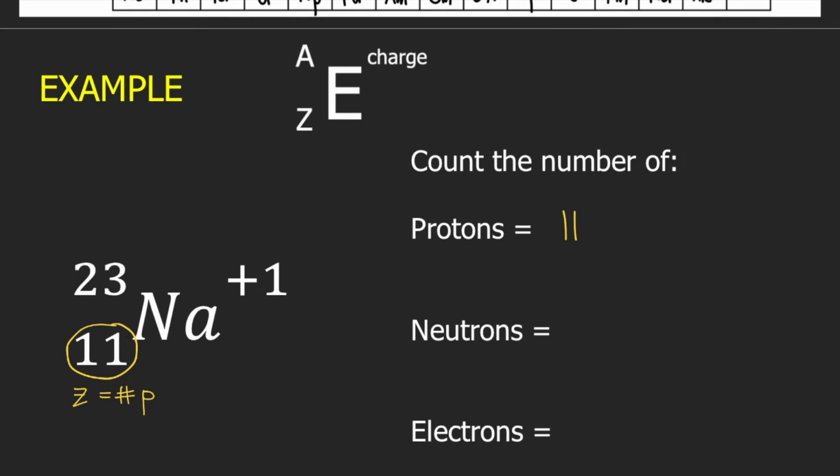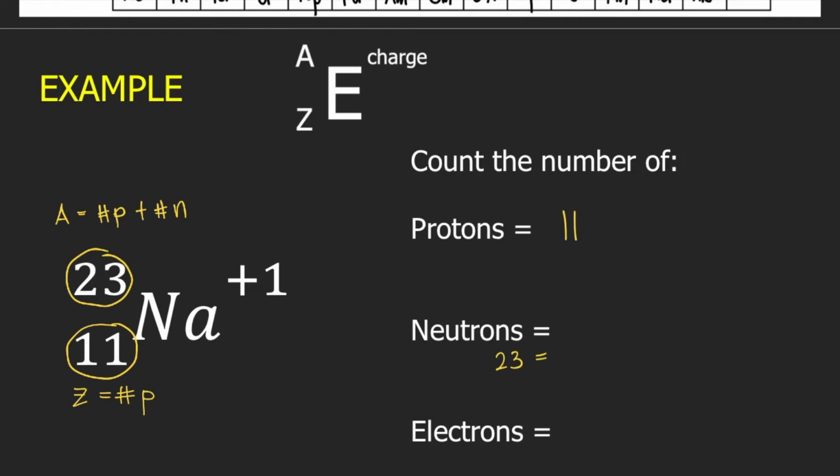How about the number of neutrons? We know that this number right here, 23, is your mass number, or A. And mass number is equal to the number of protons plus the number of neutrons. So the mass number is 23.